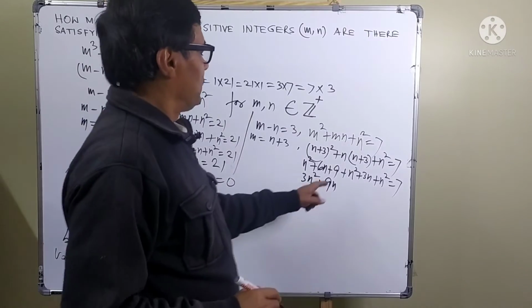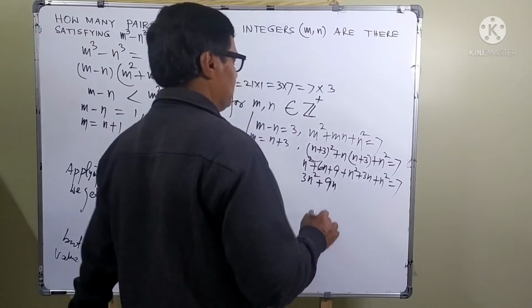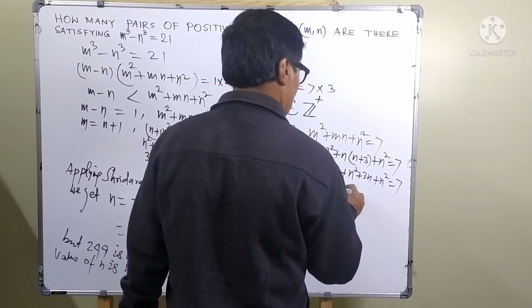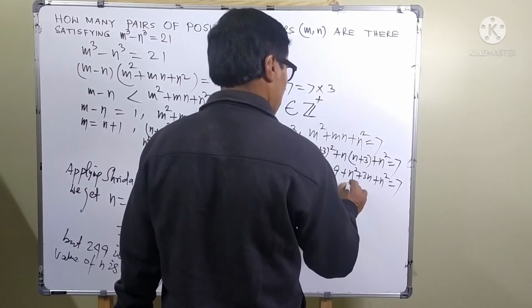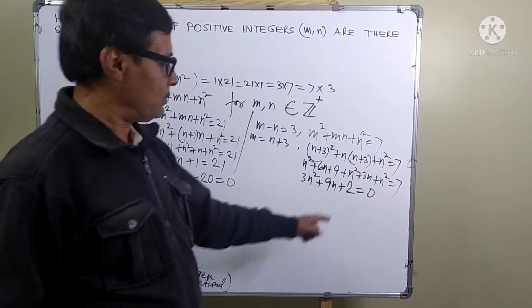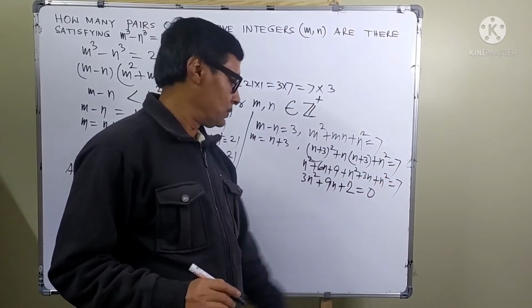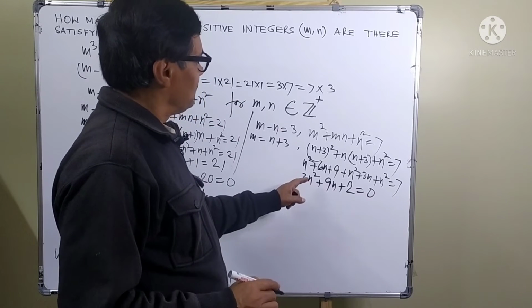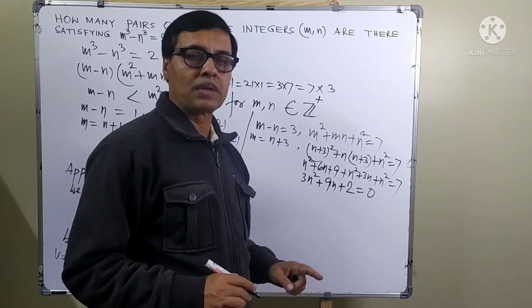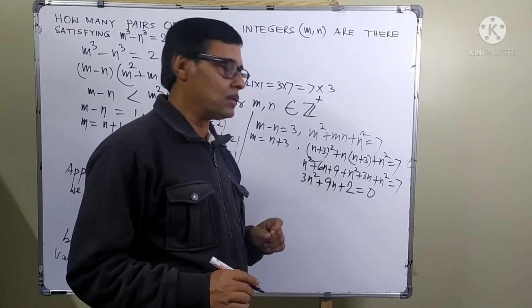And also 9 minus 7, that is 2. So the equation is 3n square plus 9n plus 2 equal to 0.